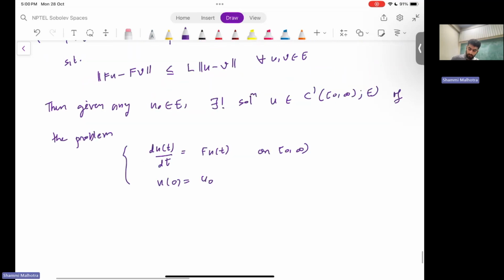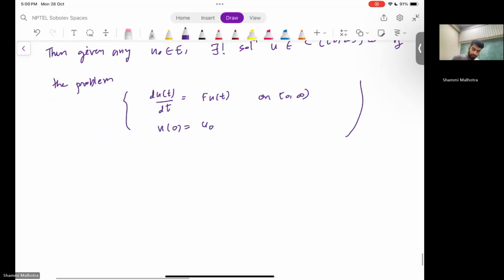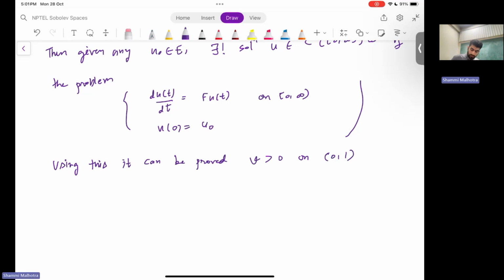So using this, it can be proved that v is strictly positive on 0, 1, and once that is the case, u is again strictly positive on 0, 1. So this actually proves the strong maximal principle.